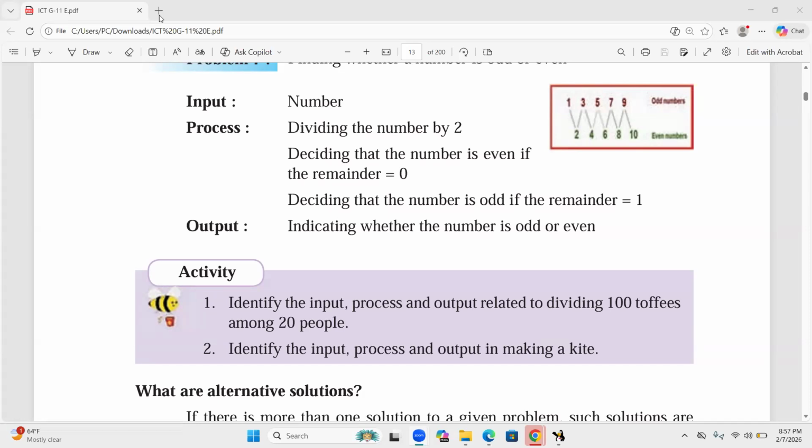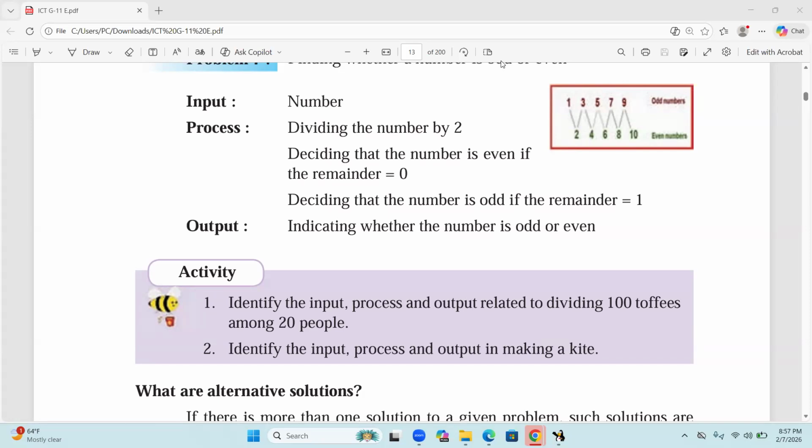Have you finished, Brittany? Yes, sir. So the first one, identify the input, process, and output related to dividing 100 toffees among 20 people. Brittany, your answers, please. Input: 100 toffees.